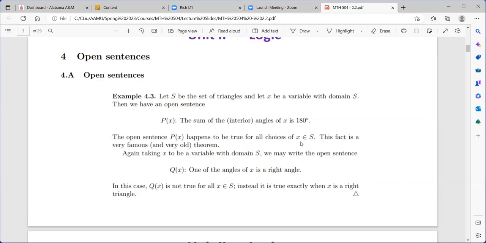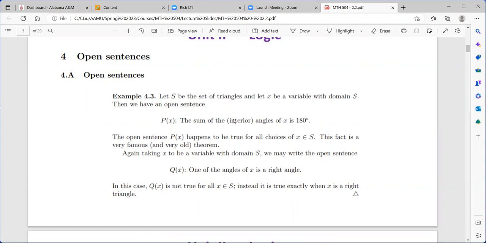If you let X be any element of S, then it means X is a triangle. X belongs to S, so X means a triangle. So then you plug in any triangle for X, and it says the sum of the interior angles of any triangle is 180 degrees, and that's true.